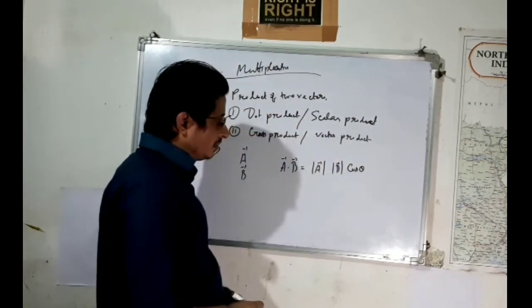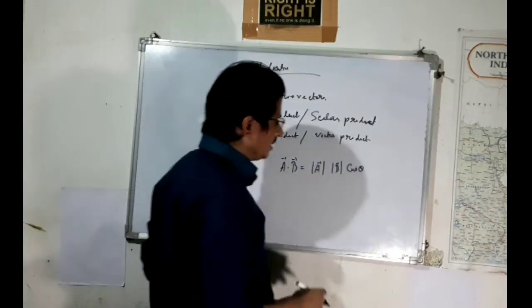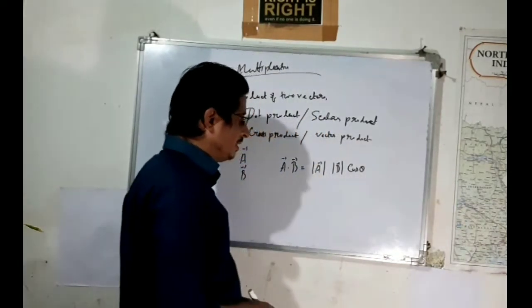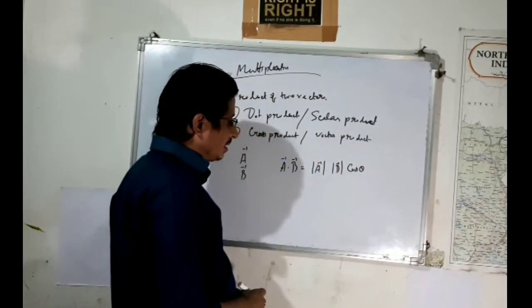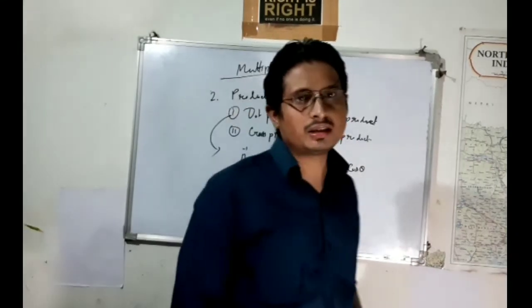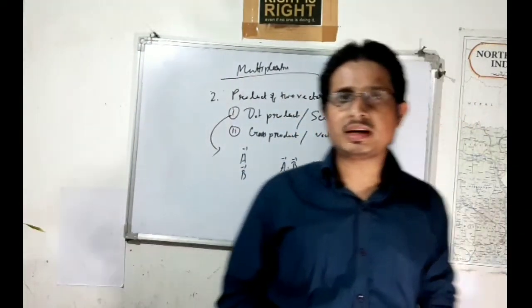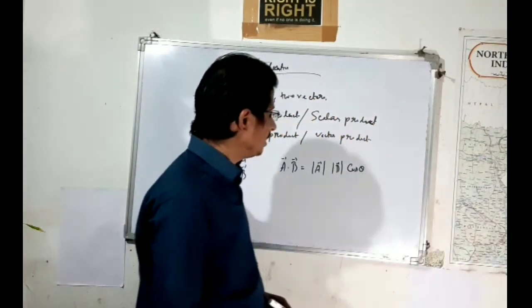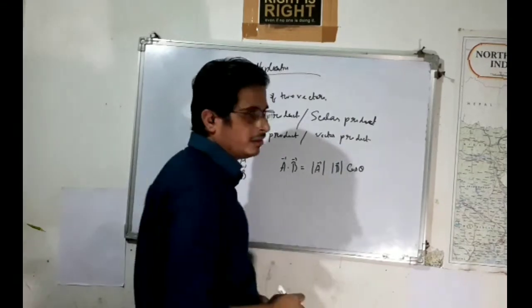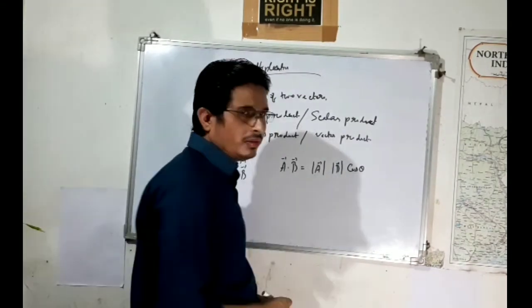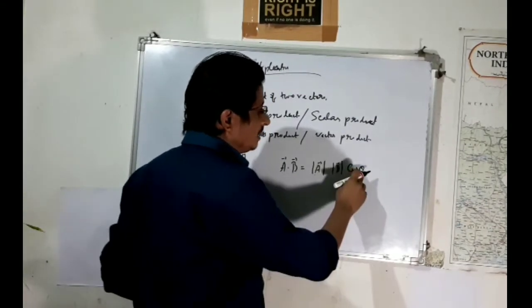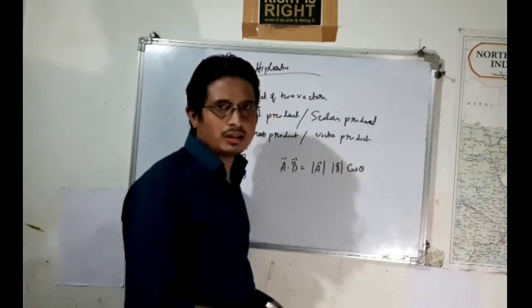Here we find that the right hand side has no vector sign. That means the result of the dot product is a scalar quantity. Therefore, this kind of product is known as scalar product. Here this is the magnitude of A, this is the magnitude of B, and this is the angle theta between A and B.